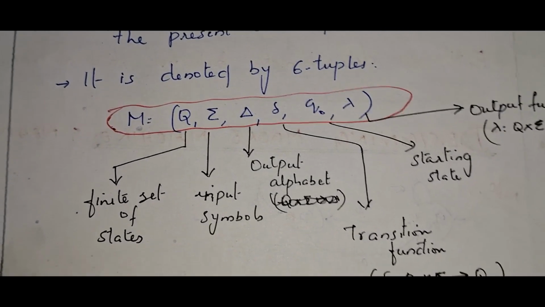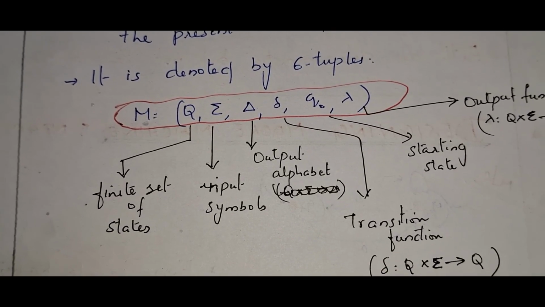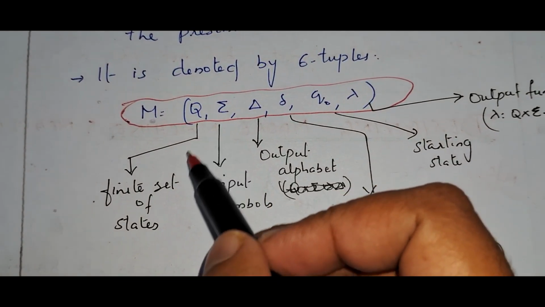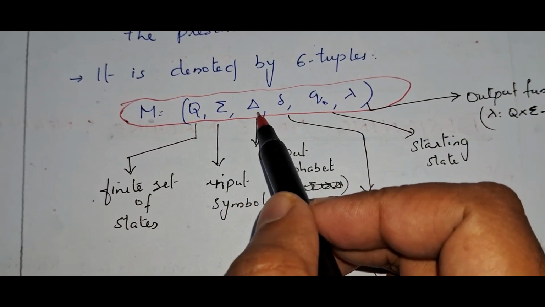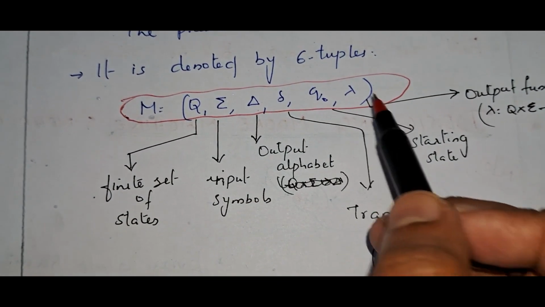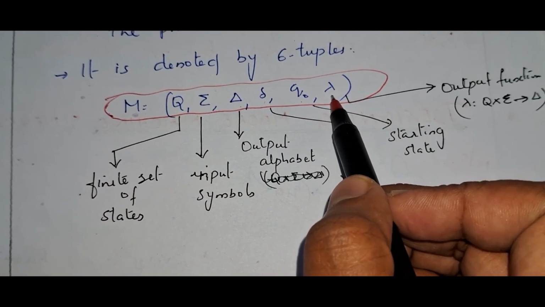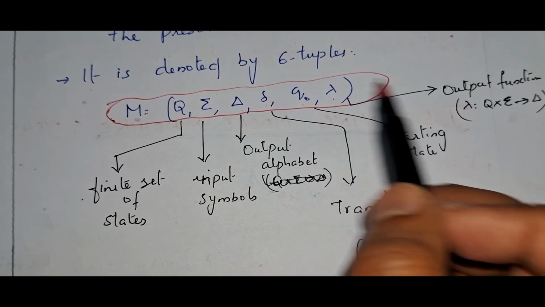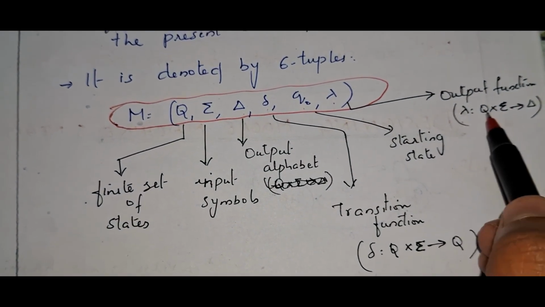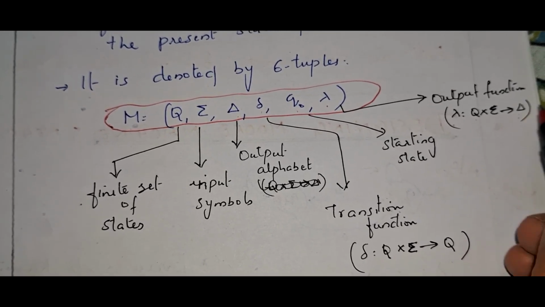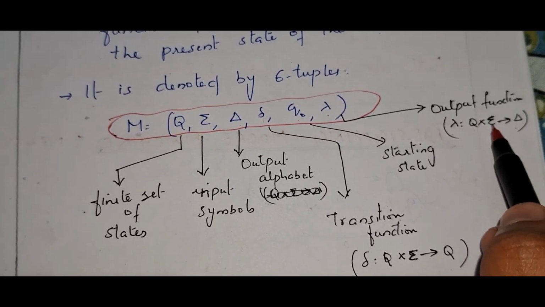Both machines are represented by using 6 tuples: Q, sigma, delta, del, Q0, lambda. Q is the set of finite states, sigma is the set of input symbols, delta is the output alphabet, del is the transition function, Q0 is the starting state, and lambda is the output function. In a Mealy machine, lambda is Q cross sigma gives delta. That is, the output depends on the current state and the current input symbol.